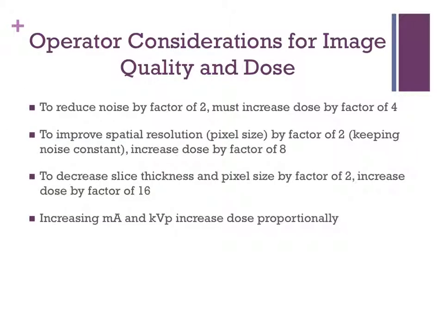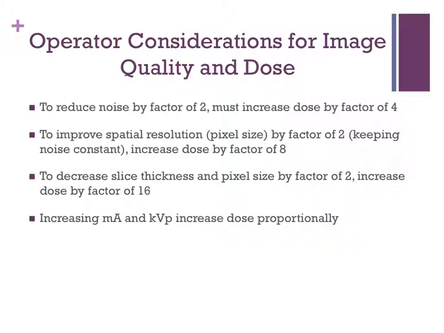So some things to keep in mind if you are operating the CT regarding image quality and dose is, first of all, that to reduce the noise by a factor of 2, you must increase the dose by a factor of 4. To improve spatial resolution or pixel size by a factor of 2, while keeping the noise constant, you need to increase the dose by a factor of 8.